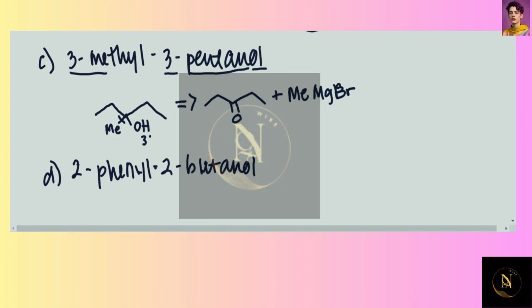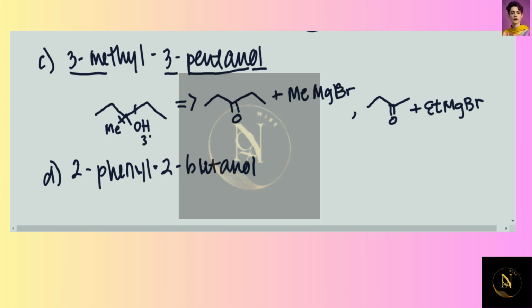We can also think about this as severing this bond. So we could also have a ketone, but this time it would be an asymmetrical ketone, with ethyl magnesium bromide this time. We also see that we have 2 symmetrical alkyl groups about the carbon where our alcohol is located.